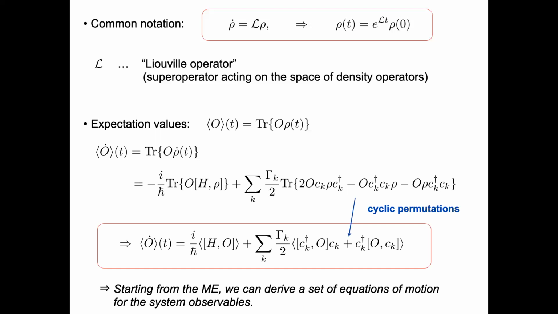And you see, there's the commutator, so this is essentially the Heisenberg equation, and here we have this commutator times C and C dagger times commutator. It's a little bit unintuitive terms, but this is just coming out from taking these terms here and ordering like this.